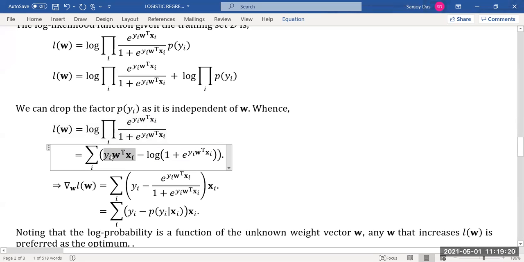So this minus, so division becomes minus log of the denominator here. Are you guys okay with this? Yes. Okay, so now L of W is this. This is the expression that we will use for L of W.